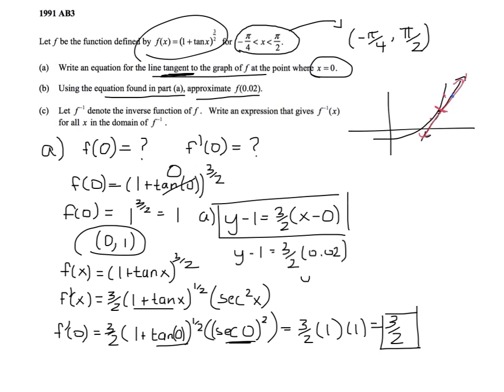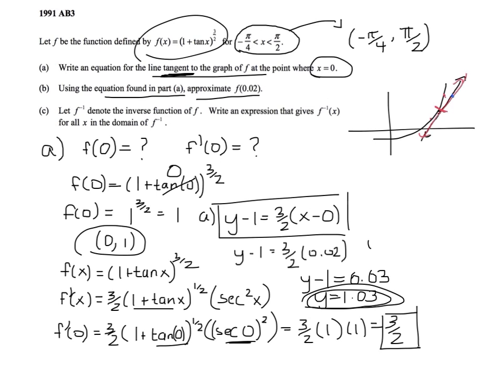So you're going to have y minus 1 is equal to 0.03. Add 1 to both sides, and we're going to have y equals 1.03 for your tangent line approximation.